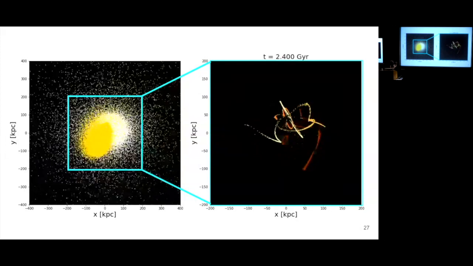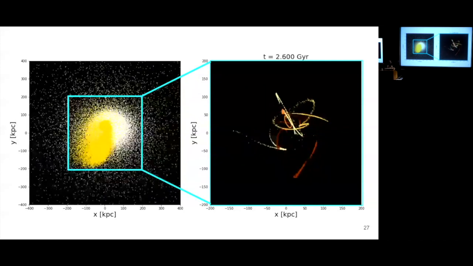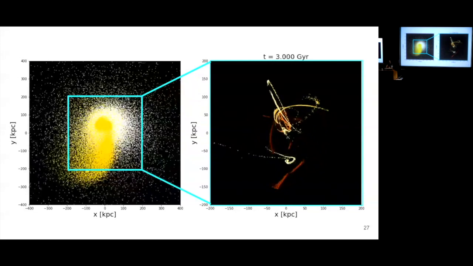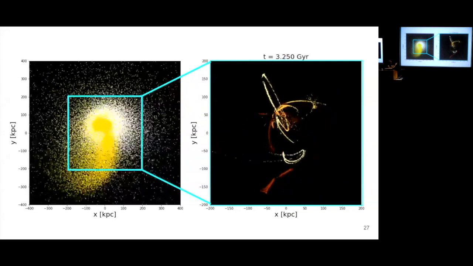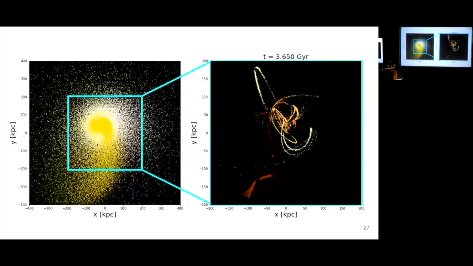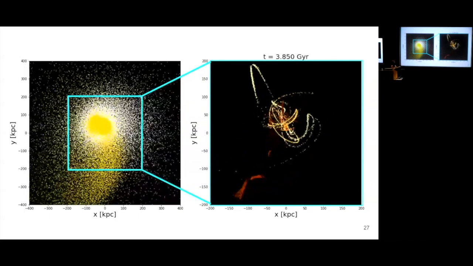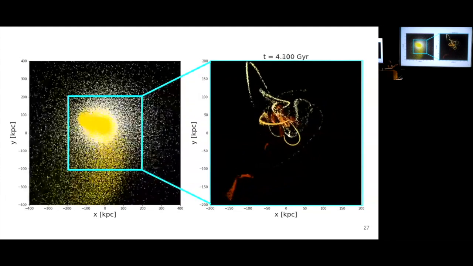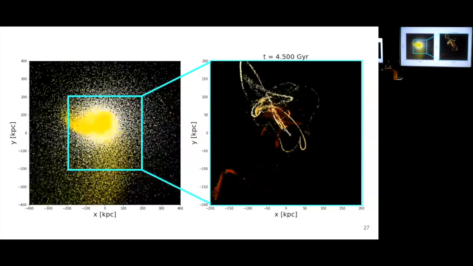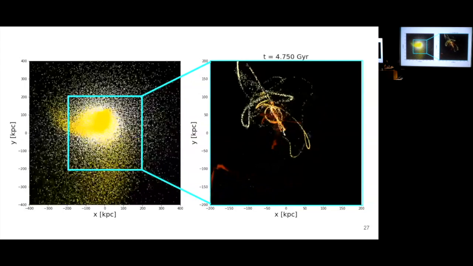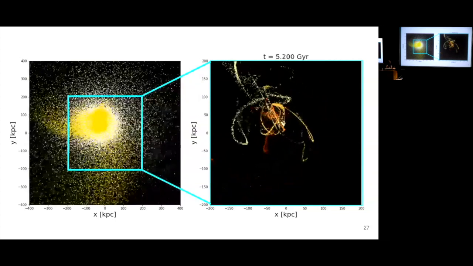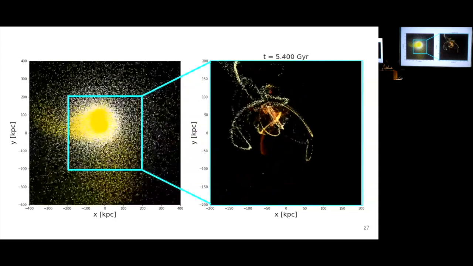You can see that around 2 gigayears, the streams start to feel the effects of the merger. They are somewhat pulled out by the gravitational potential of the satellite, and some are even trying to escape their orbits to the outer parts. So that's affecting the shape and structure of these streams.